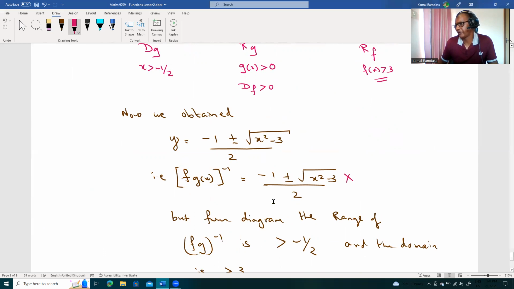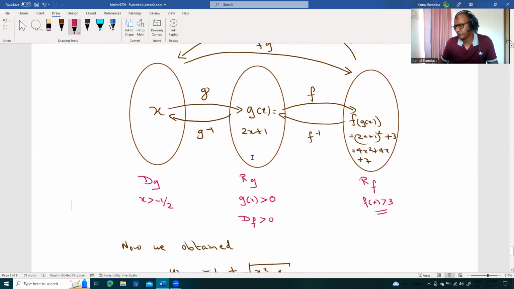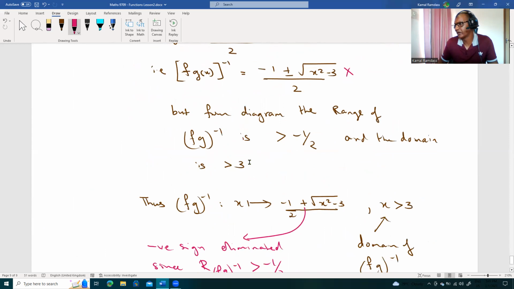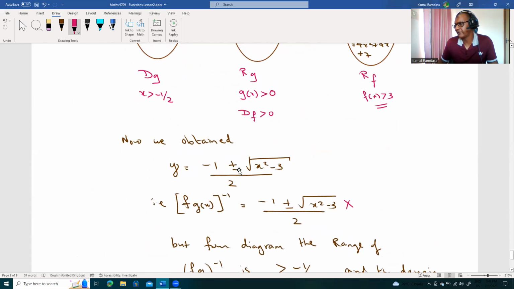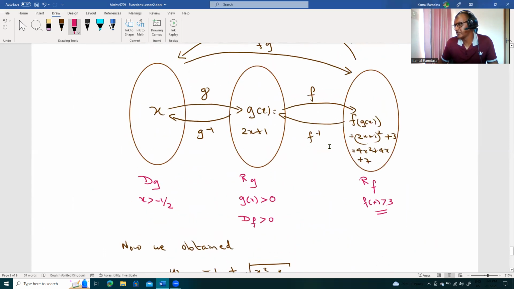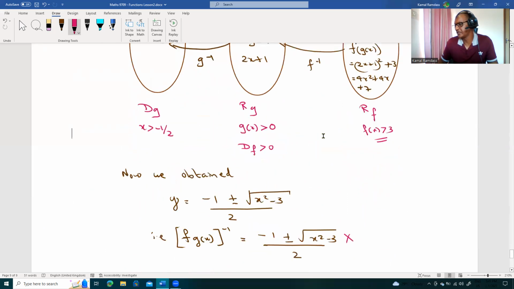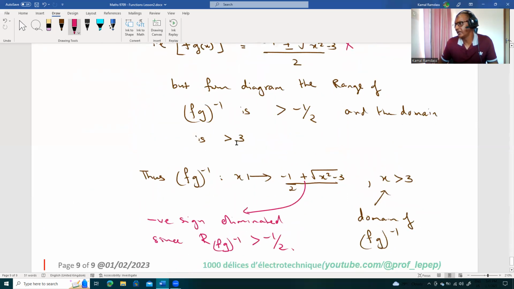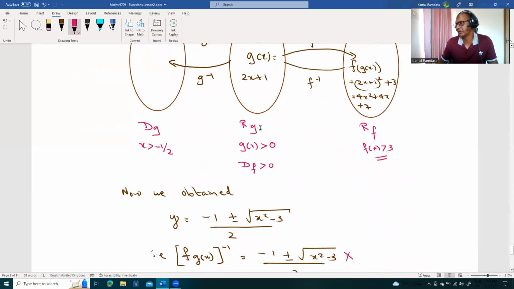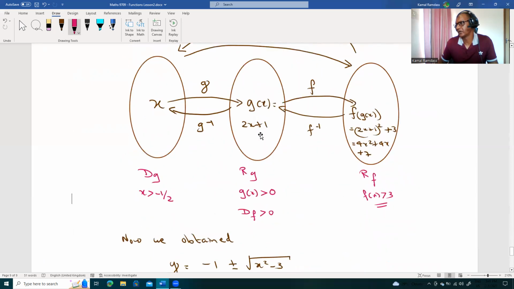Parce que, from the diagram, the range of f of g inverse is... non, oui.